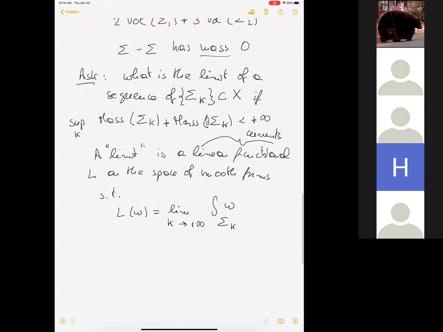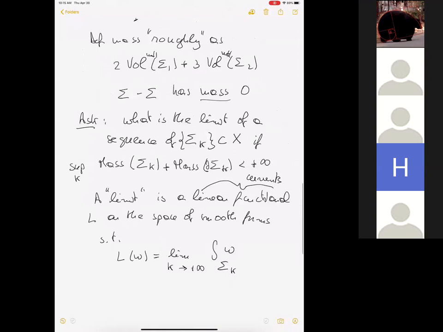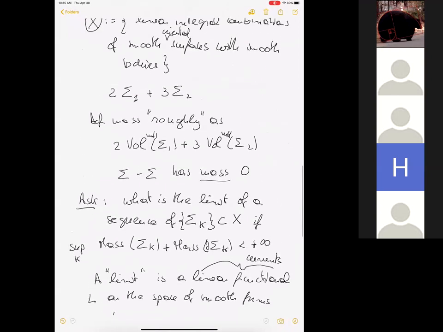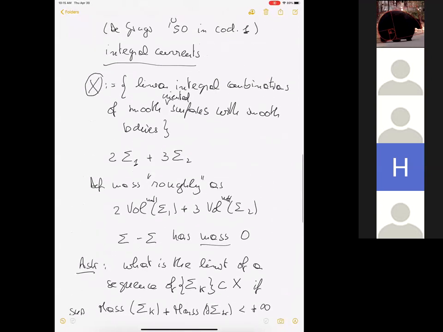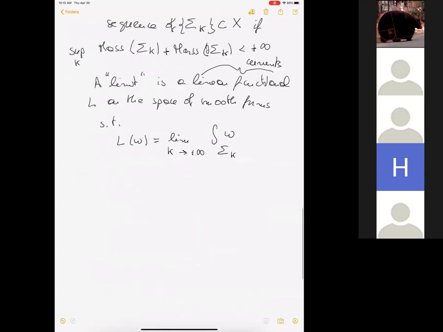So it's a little bit like saying, take the general space of distributions, take inside the space of distributions a sequence of functions which are smooth, and assume that you have a uniform bound on the Dirichlet energy. So what is actually the limit of a sequence with such a bound? Well, of course, you can take a limit in the sense of distributions, but we know that a characterization of all the possible limits is given by the Sobolev space W^{1,2}. And in a certain sense, the space of integral currents plays the same role for this nonlinear variational problem as the Sobolev spaces actually play for the Dirichlet energy.